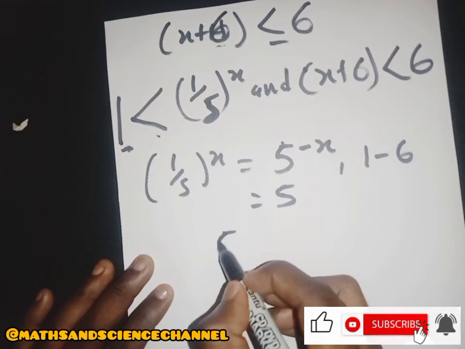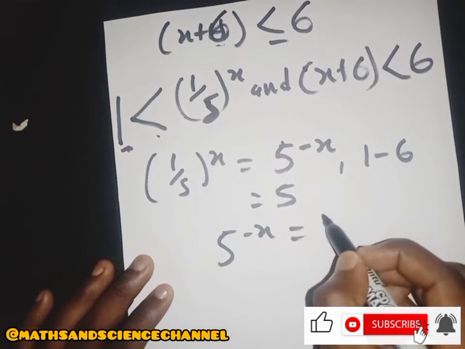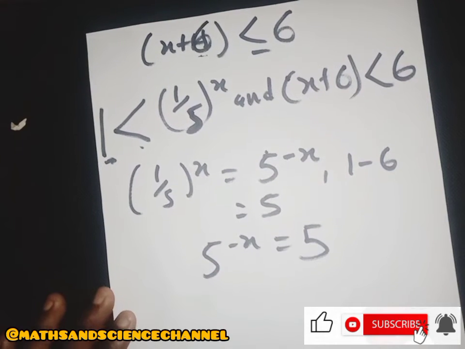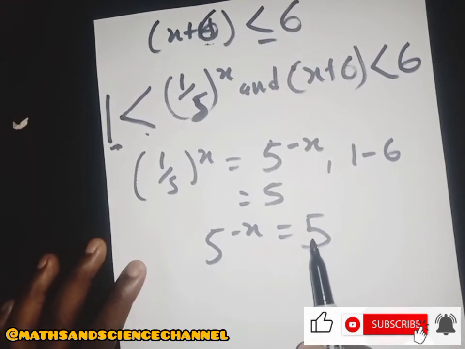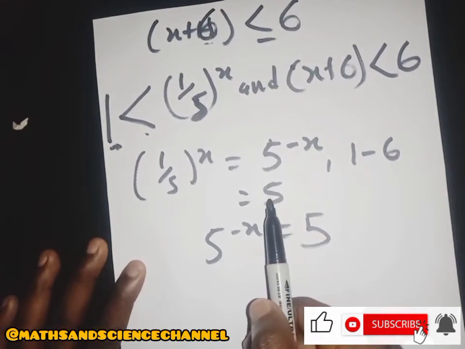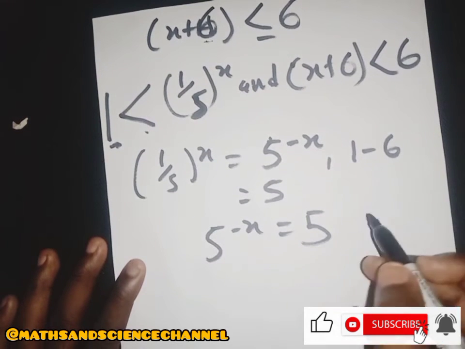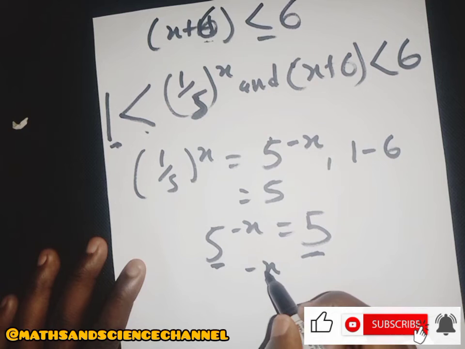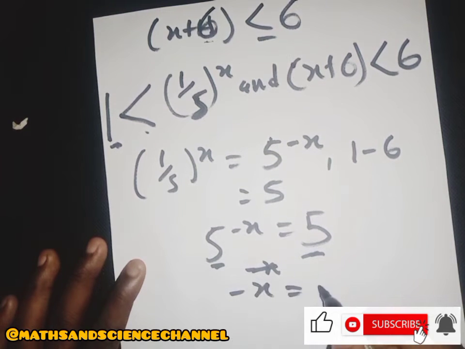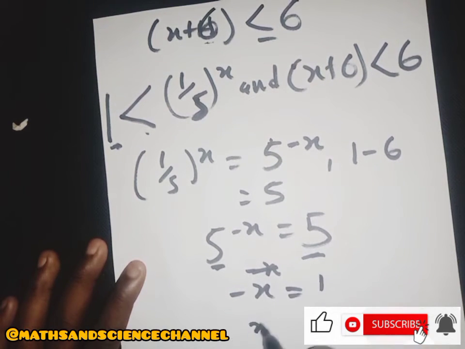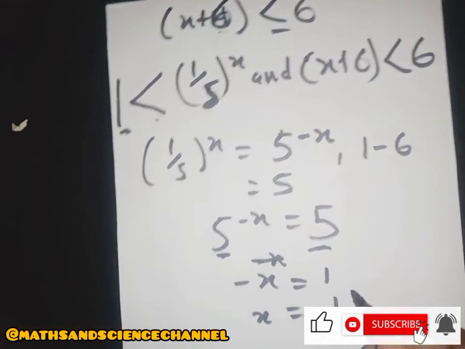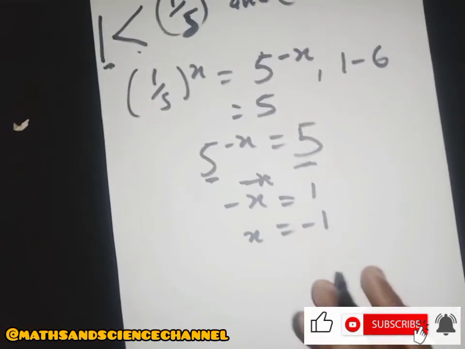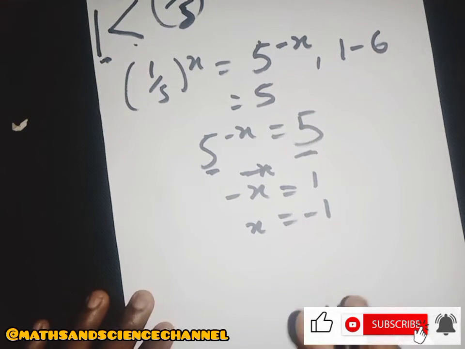Why? Because it is in a power of 5. Since we have this, you realize that the bases are the same, and therefore we have negative x being equal to 1, and therefore x equal to -1, right? So we have -1 in this case as one of the solutions, right?